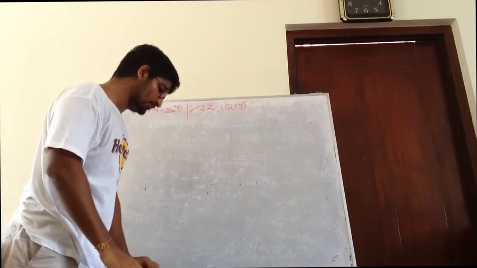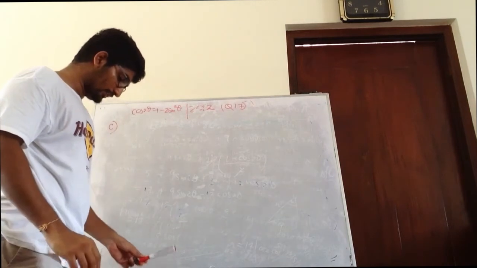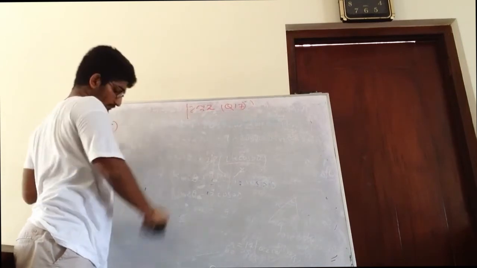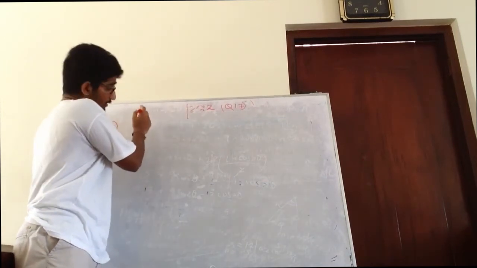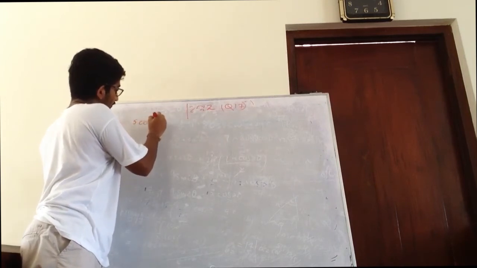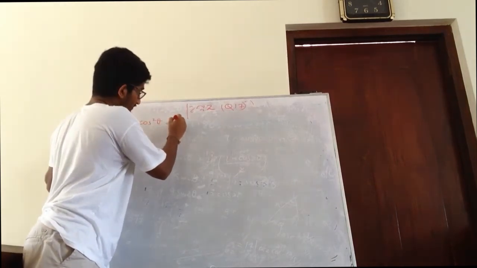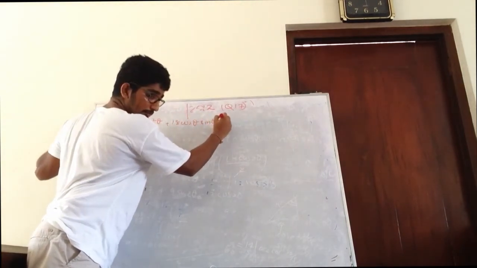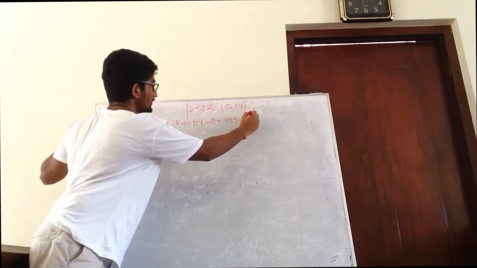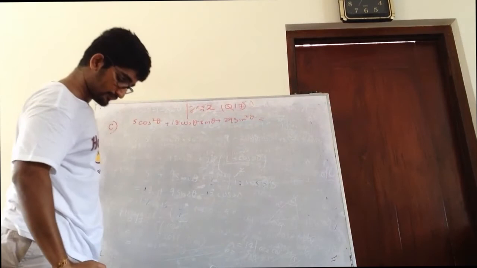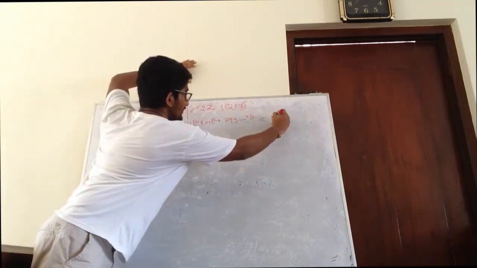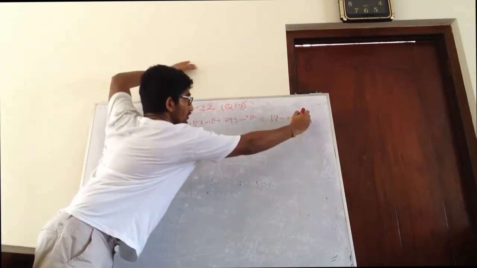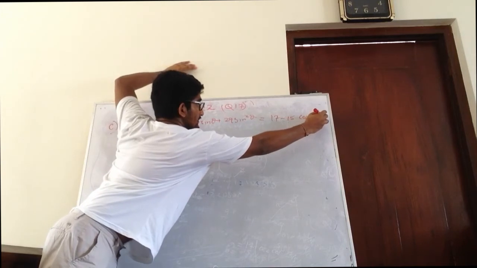So now what have we found? We have found out that 5 cos square theta plus 18 cos theta sin theta plus 29 sin square theta is equal to 17 minus 15 cos 2 theta plus alpha.